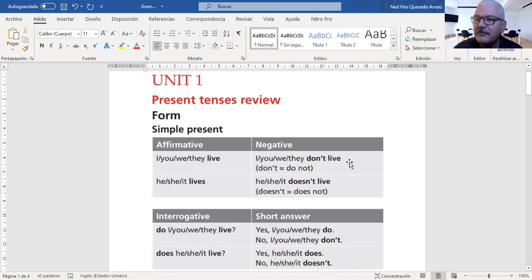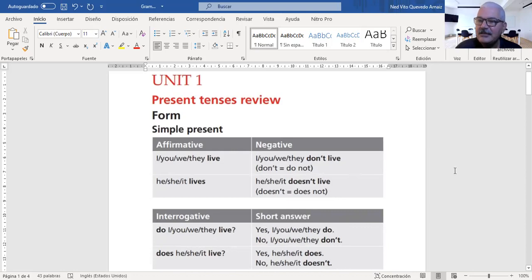I don't live in Peru. We don't live in Argentina. We live in Ecuador. And for the third person singular, we should say, he doesn't live. She doesn't live. Okay? And you may say it together as a contracted form or as two simple words.